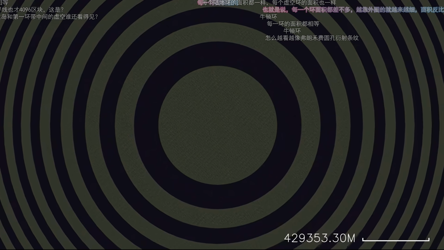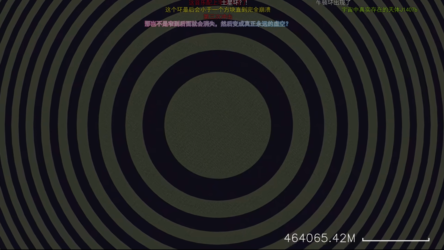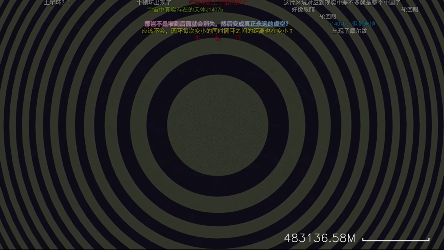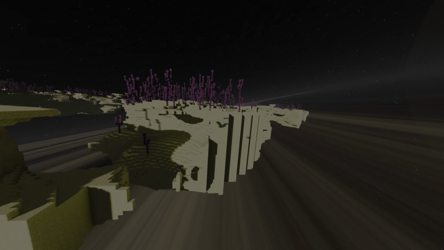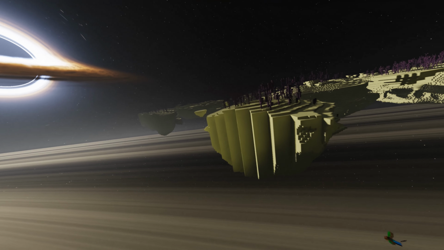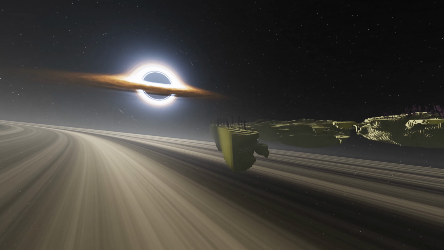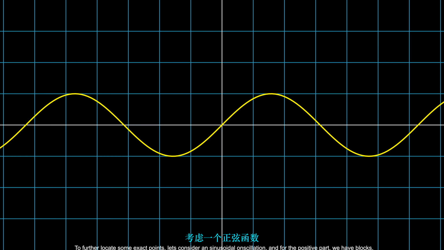On the graph, it obeys a region like this. And so does it in Minecraft. To further locate some exact points, let's consider a sinusoidal oscillation.